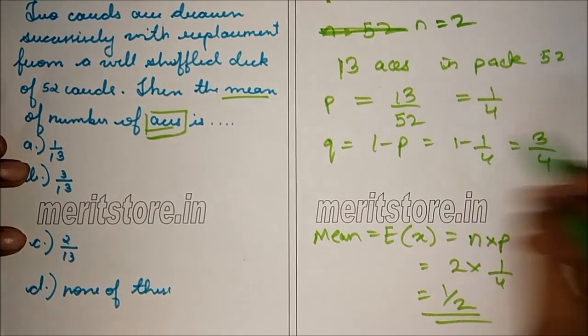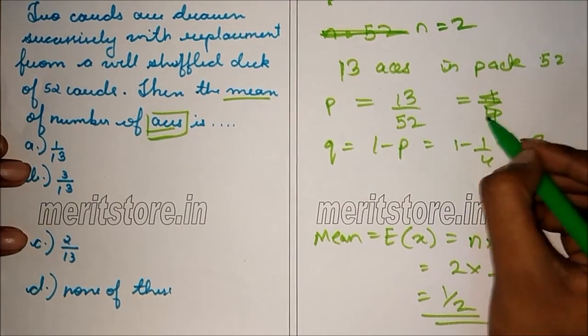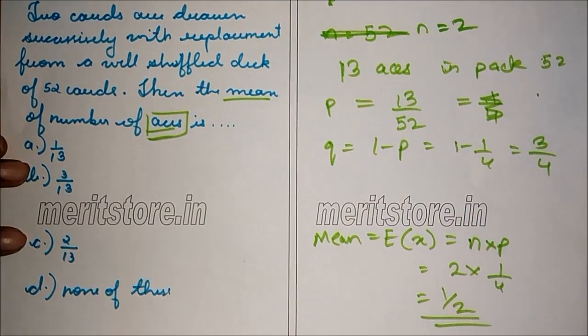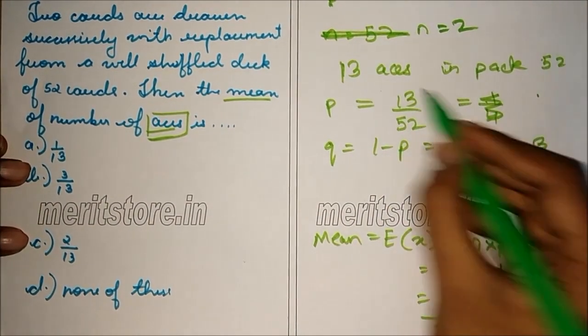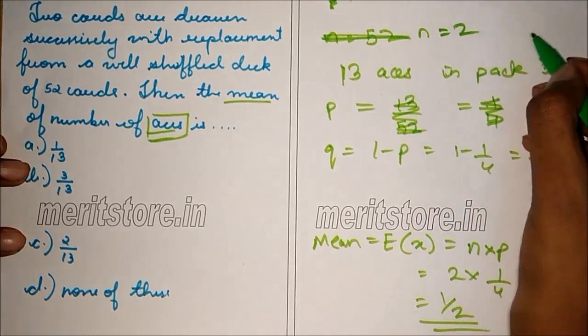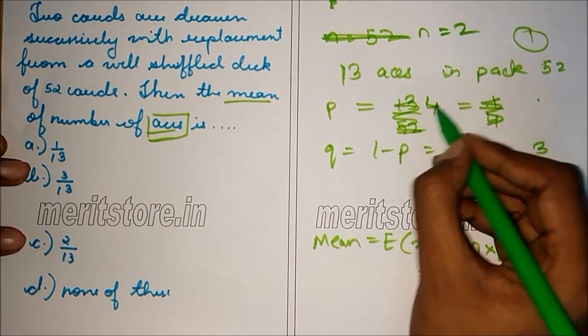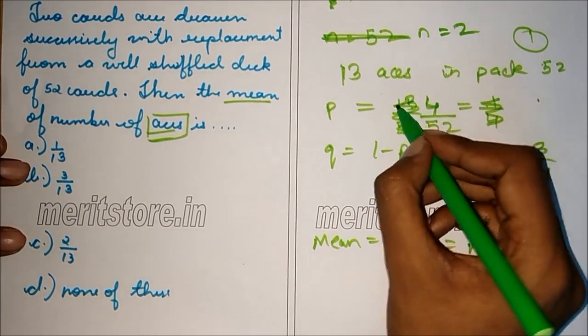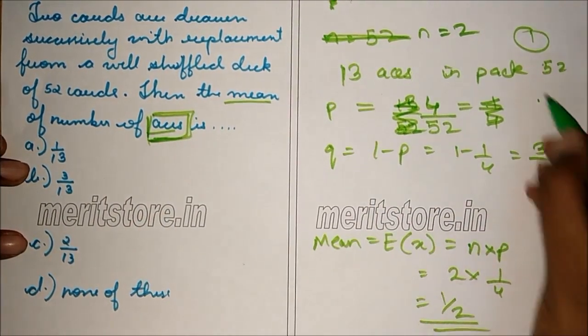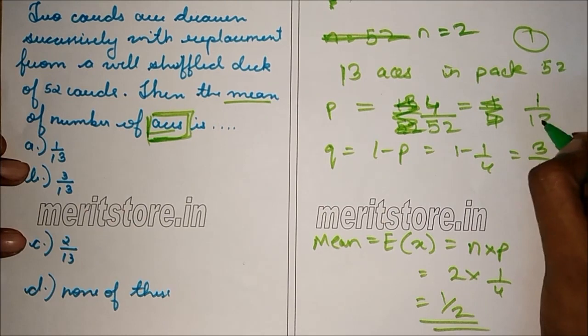There's a correction, there's a silly correction. There are only 4 aces, so it will be 4 by 52 and not 13 by 52. So P will be 1 by 13.